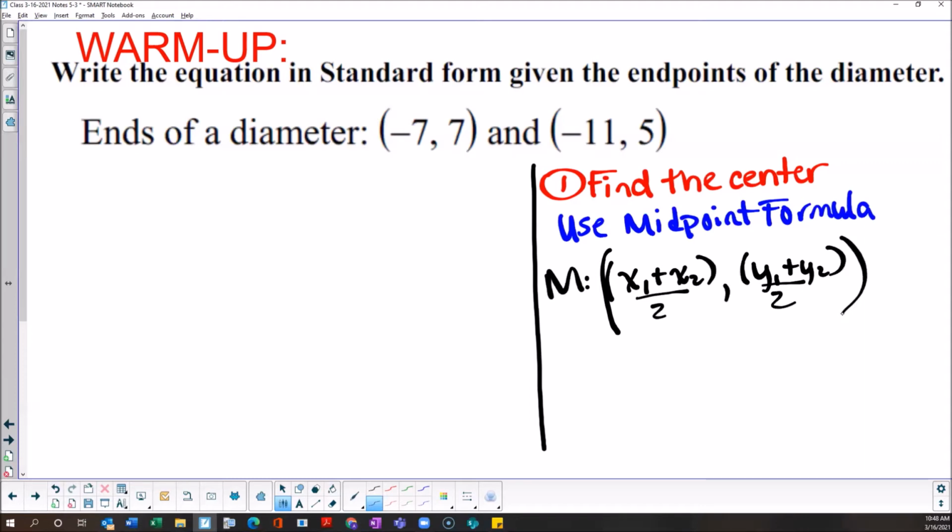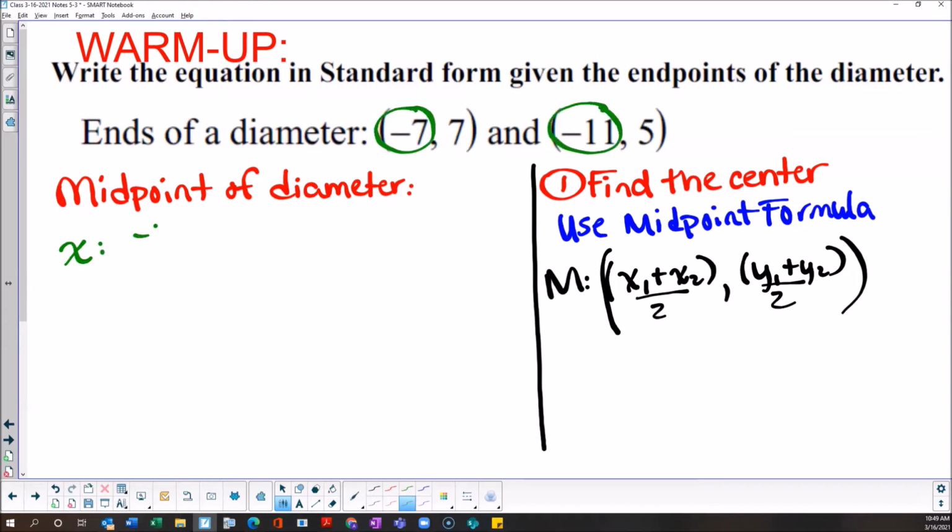So over here, I'm going to do this formula kind of twice. You do it once for your x's, once for your y's. So let's find our x's.